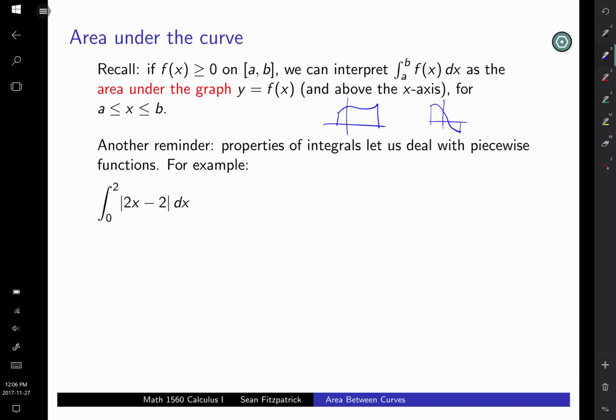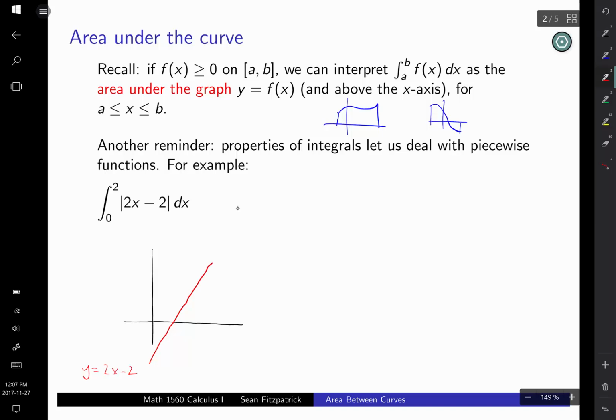Remember that you're computing areas, and so sometimes there are certain functions where this interpretation in terms of area makes things a little bit easier. Think about this example here. If I graph y equals 2x minus 2, I get that.